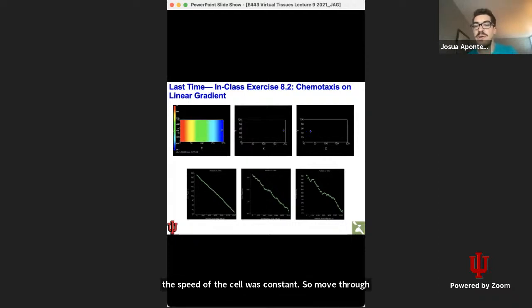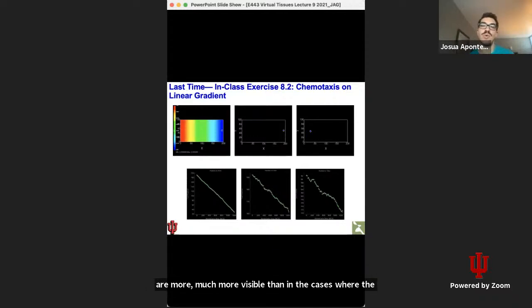And we played a little bit with different values of the lambda chemotaxis. In this particular example, what we saw was that as the lambda chemotaxis increases, the cell moves faster. And as the lambda chemotaxis decreases, the cell moves slower, but also the effect of the random fluctuations of the cell membrane is much more visible than in the cases where the lambda chemotaxis is higher.